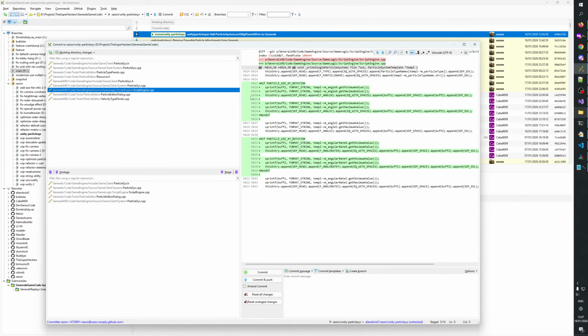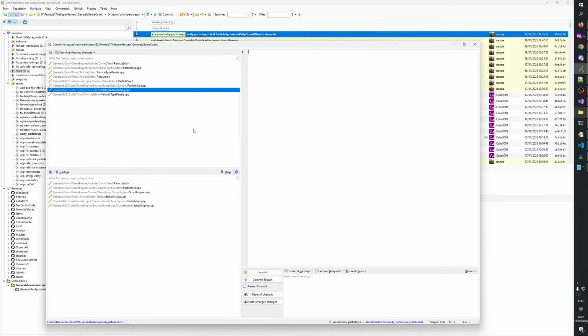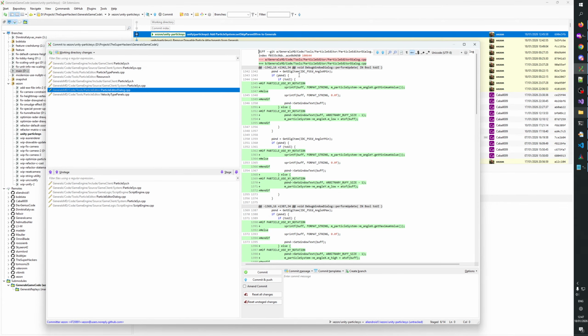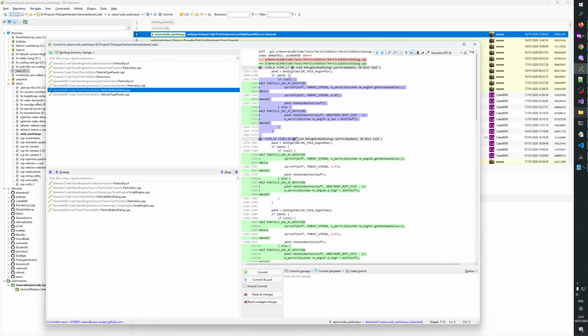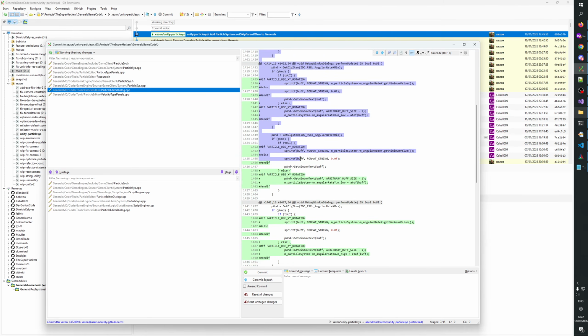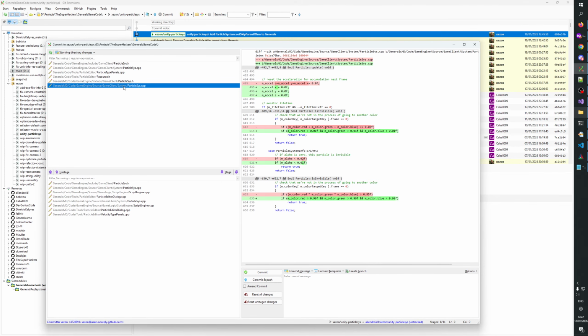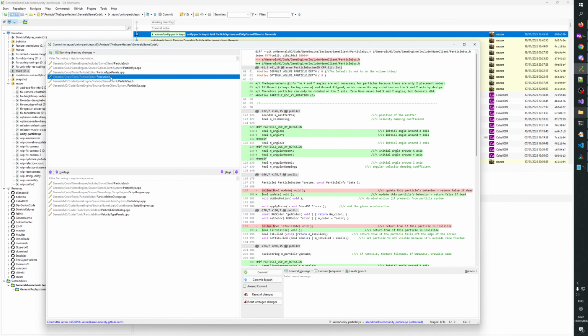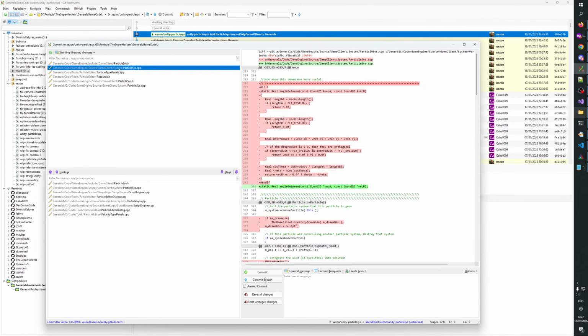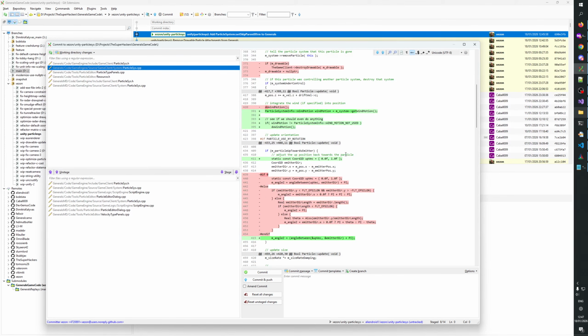Okay, script engine, we take these guys, particle editor dialog, yep, okay, and then also take that. Okay, that already looks much cleaner. ParticleSystem.